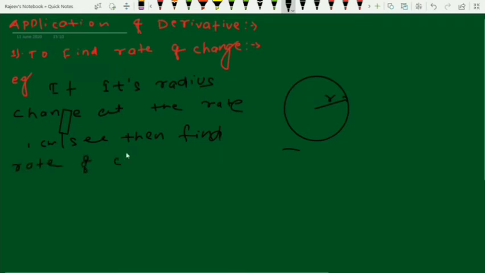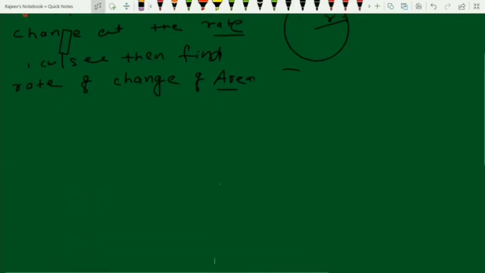Rate of change of area, right? See, here they have given rate of change of radius, and they are asking rate of change of area. So how can we find? This is too easy.